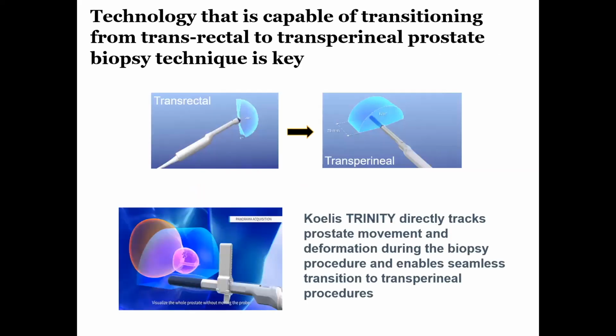And a technology that is capable of transitioning from transrectal to transperineal prostate biopsy is key. This is another demonstration, the Koelis Trinity device, that has incorporated a transrectal and 3D transperineal probe, which allows an easy access through the perineum of the prostate using a single grid.